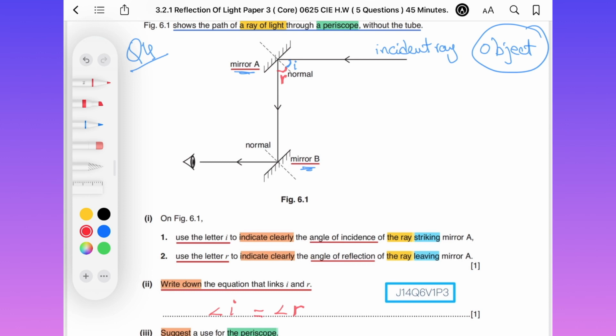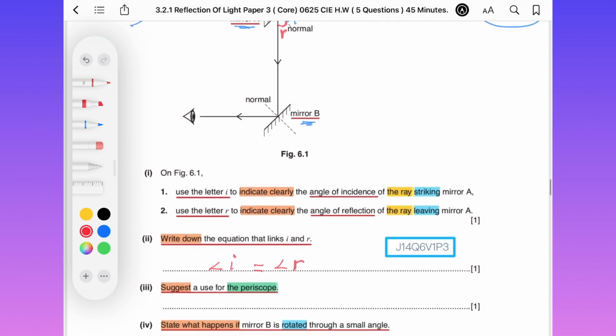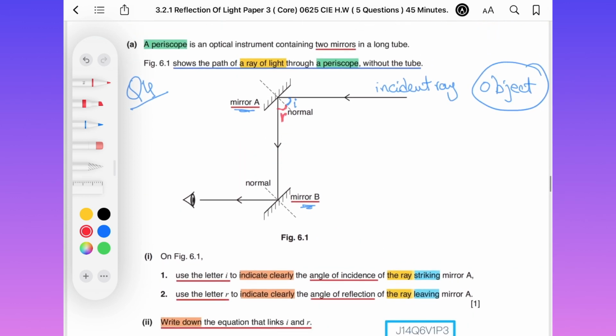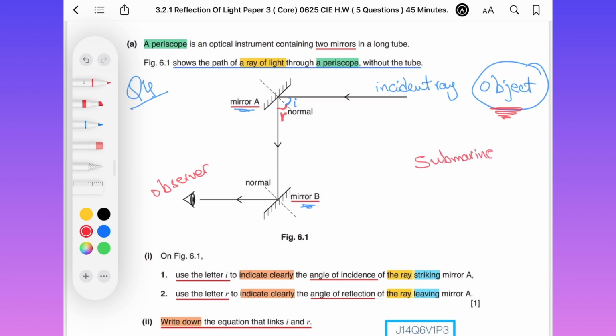Suggest a use for periscope. Why are we using periscope? You have here observer and you have here the object. This could be used in submarines. So the observer will be able to see the surroundings without looking at the surface of the water, for example.